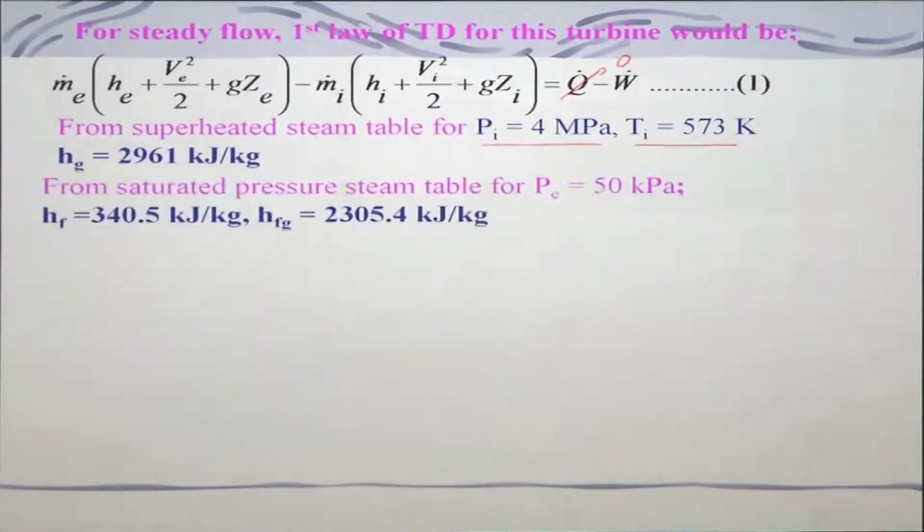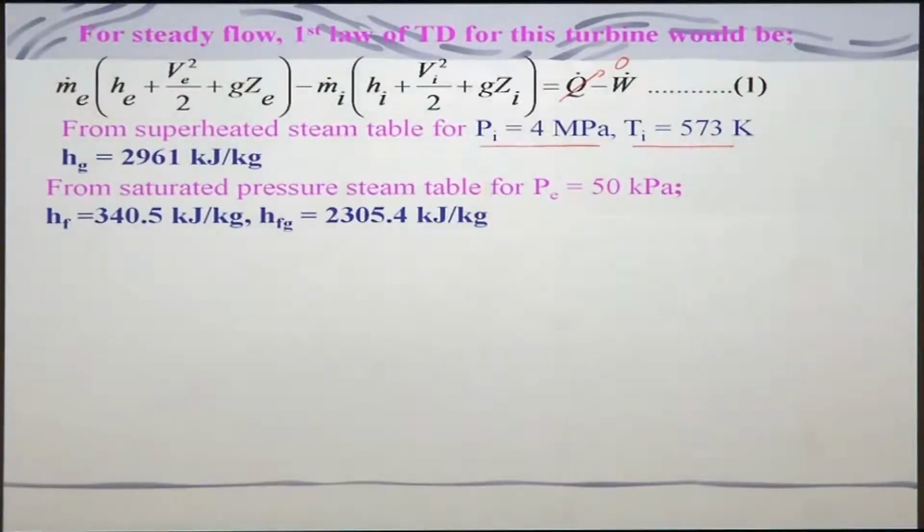Then we get the data from the saturated pressure steam table at the exit pressure of 50 kPa: HF is 340.5 kilojoule per kg and HFG is 2305.4 kilojoule per kg. We know the quality of the steam at the exit of the turbine is 0.85.